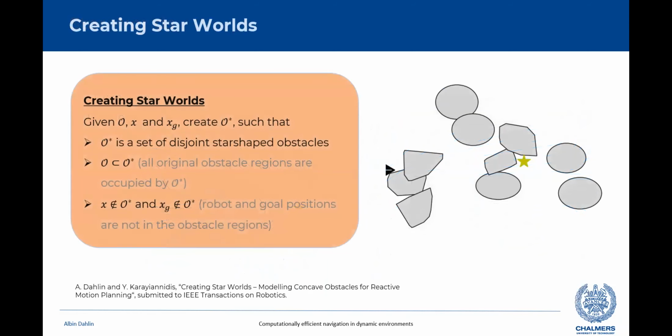So this led me into formulating the following problem. Basically, if we have a set of possibly intersecting obstacles, a robot position and a goal position, we want to create a new set of obstacles which are both disjoint and star-shaped, that is, they form a star world.